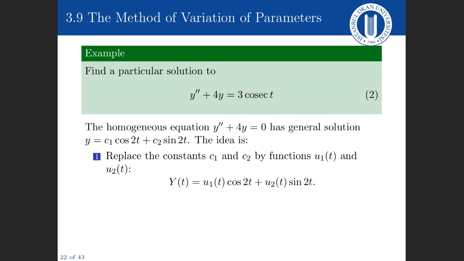So the idea in this method is, instead of constants c1 and c2, we're going to guess that a particular solution has functions here. Some function u1(t) cos 2t plus some function u2(t) sine 2t. And then we're going to aim to find u1 and u2.